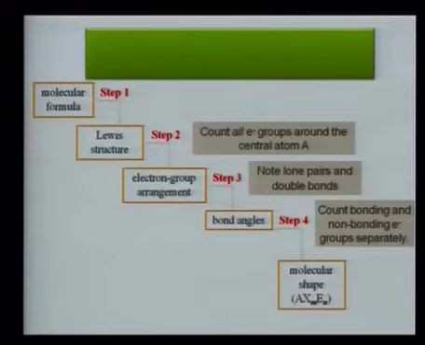Similarly, we can move to the octahedral geometry, sp3d2 type of hybridization. Again, the possibility is that a compound will have 1 lone pair and 5 bond pairs, for example BrF5. You will find hybridization is sp3d2, but since it has 1 lone pair of electrons and 5 bond pairs, the geometry will not be octahedral, rather the geometry will be square pyramidal.